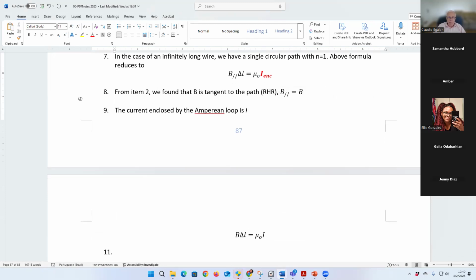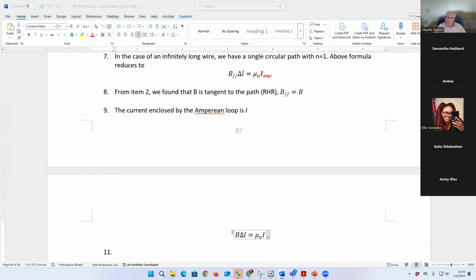Consequently, I'm going to replace I enclosed by I. And then we have to determine this multiplication factor here. What is it going to be?